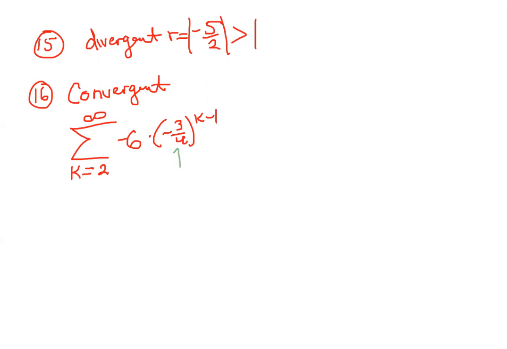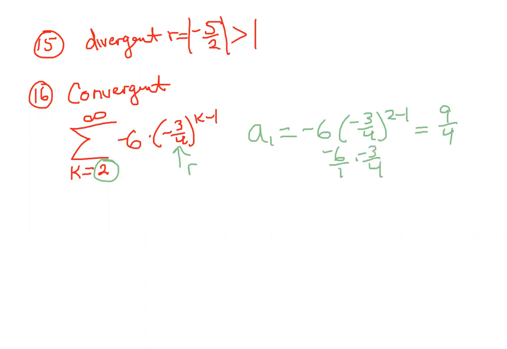So this is R. And we have to find A1, which is when K equals 2. So we're going to say negative 6 times negative 3/4 to the 2 minus 1. And that equals 9/4. Because that's negative 6 over 1 times negative 3 over 4, which is negative 18 over 4.